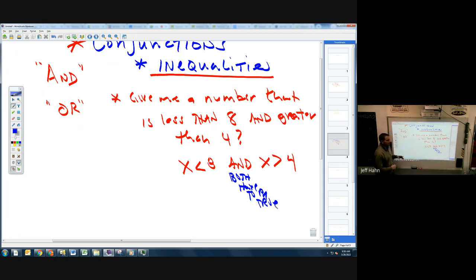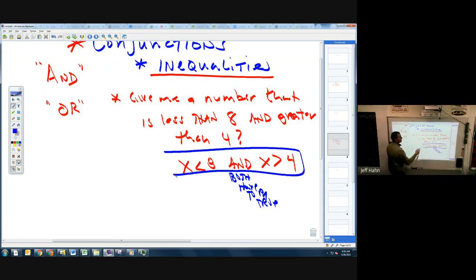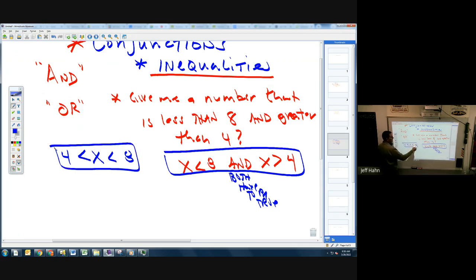And in math, we have a short way. You can write it like this, ladies and gents. Or in math, they've kind of shortened it and it looks like this. This and this are the same thing.